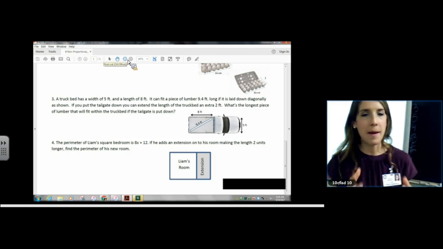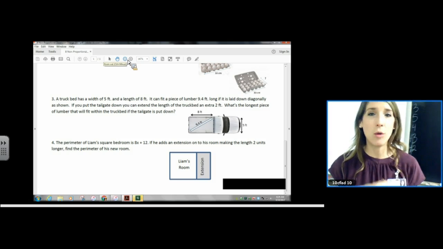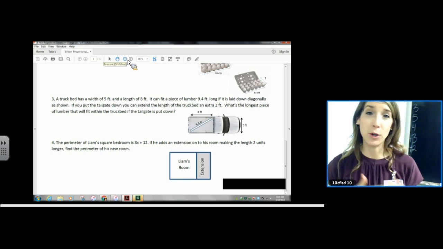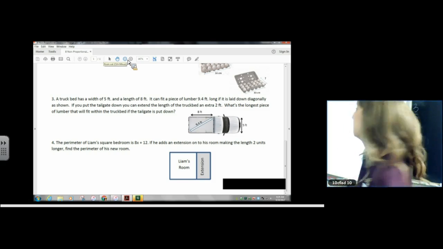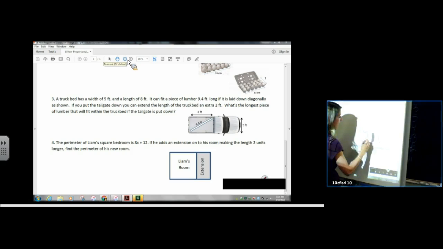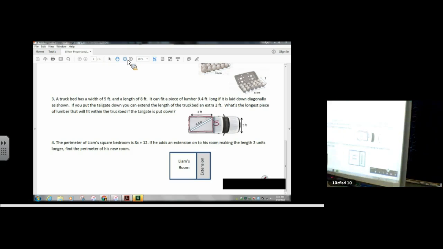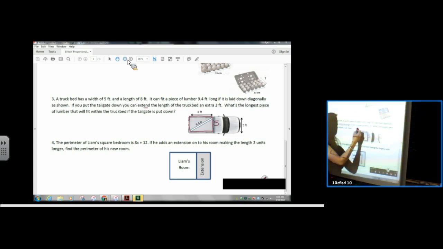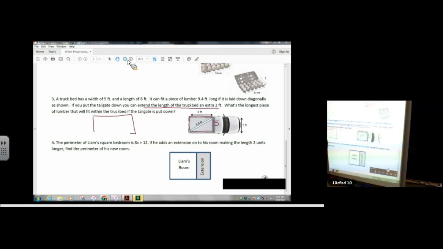But the thing about this problem is there's really no trick to it. This is not proportional change. This is non-proportional change. So in this problem, the truck bed was 5 by 8. Now it says that we are going to extend the length of the truck bed an extra 2 feet.